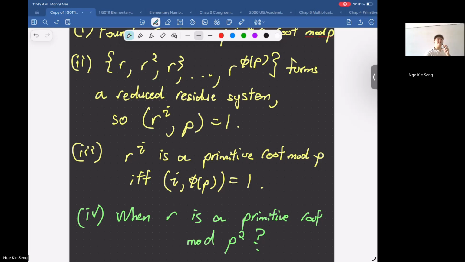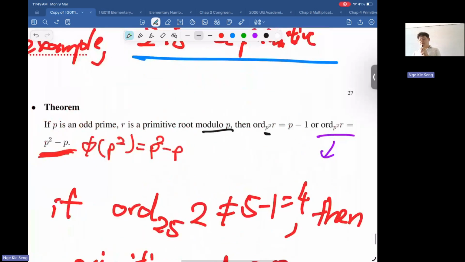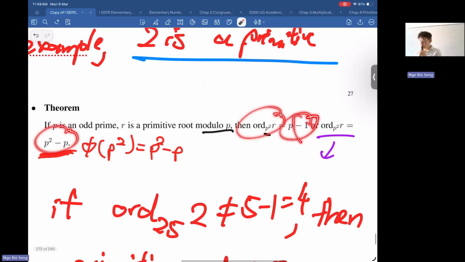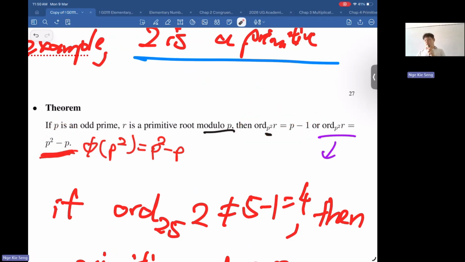Okay, turns out there are only two things you need to check. So this power is relatively straightforward. Either it is P minus 1, or it is P squared minus P. So if it is not P minus 1, it must be P squared minus P. If it is P minus 1, then it is not a primitive root, because you go to 1 earlier than 5P squared, sorry.